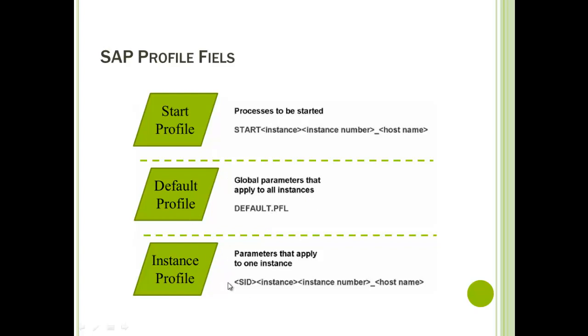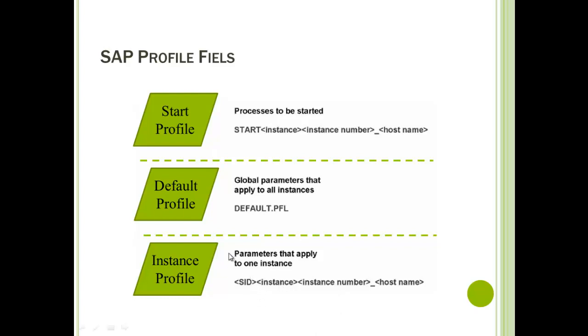Then we will come to the instance profile. Instance profile is the parameter that applies to one specific instance. As we know, we can have more than one instance, so all the values that apply to one specific instance are specified in the instance profile. For example, the type of work processes, how many work processes in one specific instance, and this can differ from one instance to another.